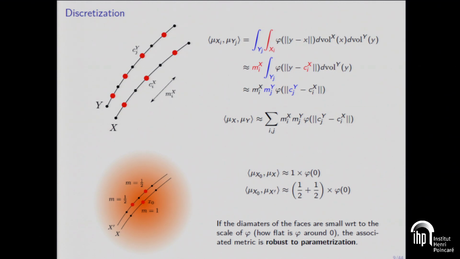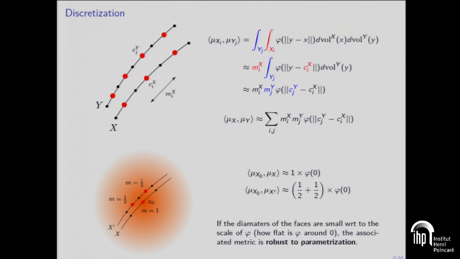So this is what we do, and once you have done this approximation, you can replace the integral by just the mass, so the length in this case, and you apply exactly the same approximation for the face yj, and you obtain this very simple formula.